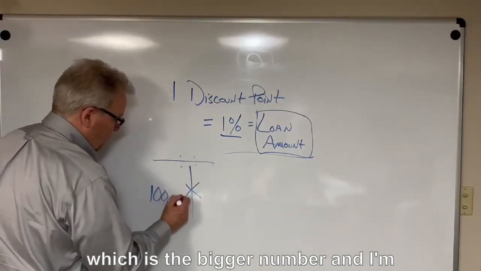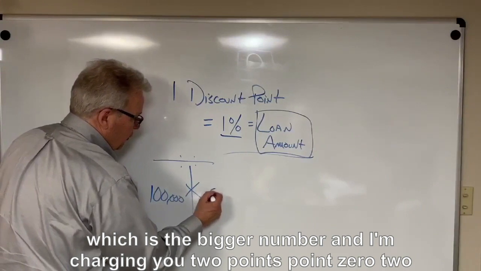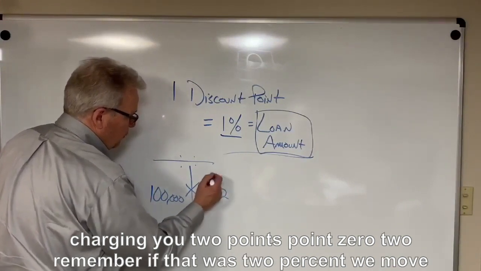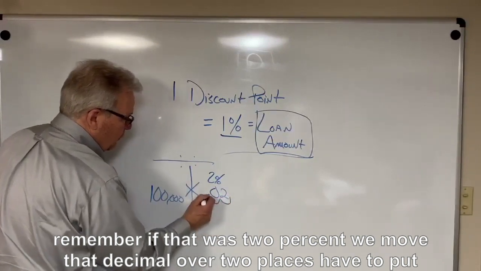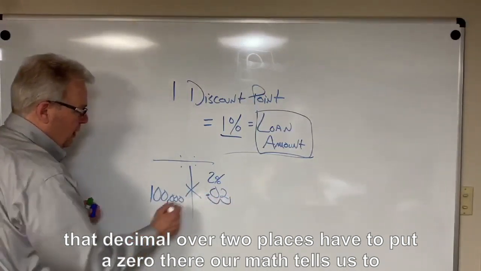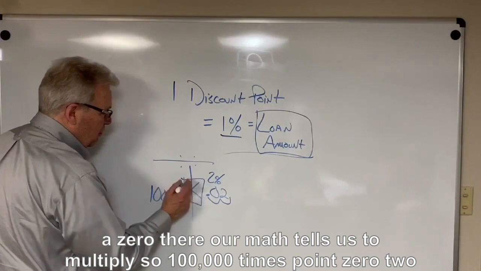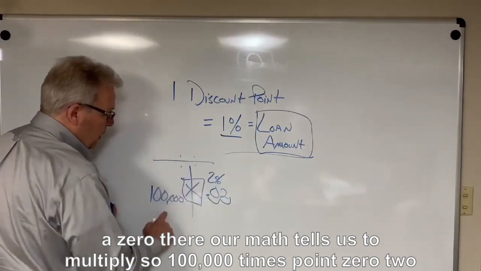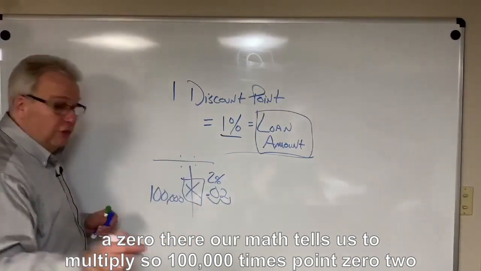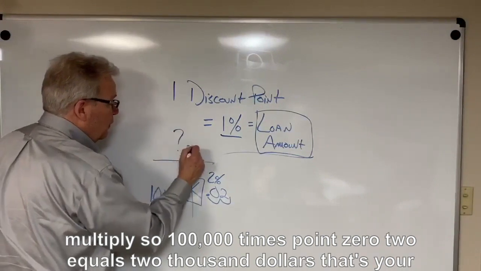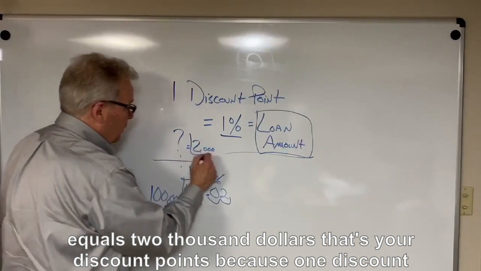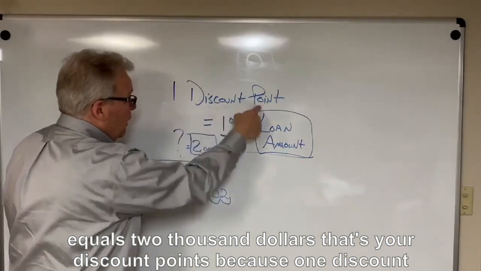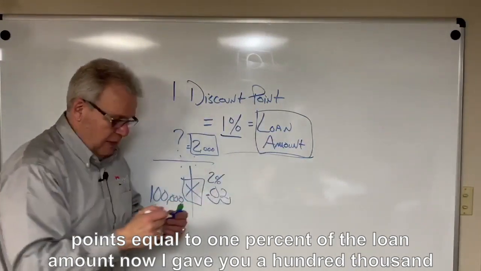I'm charging you 2 points, 0.02. If that was 2%, we move the decimal over 2 places. Our math tells us to multiply, so 100,000 times 0.02 equals $2,000. That's your discount points, because one discount point is equal to 1% of the loan amount.